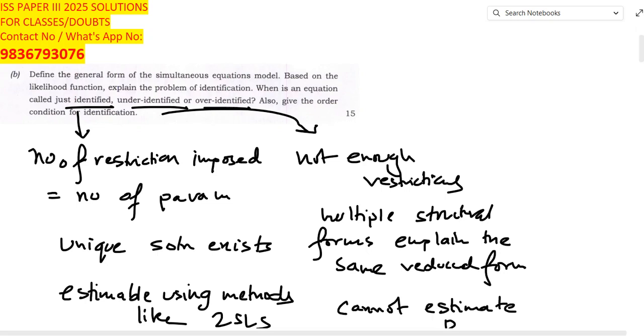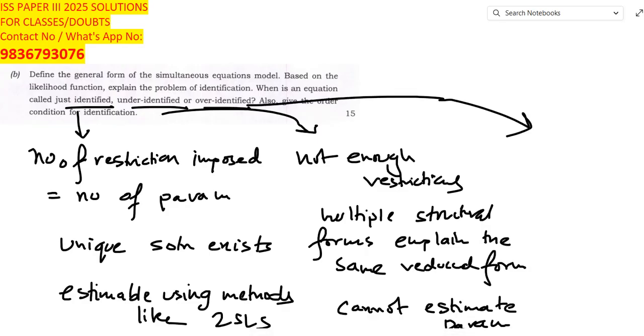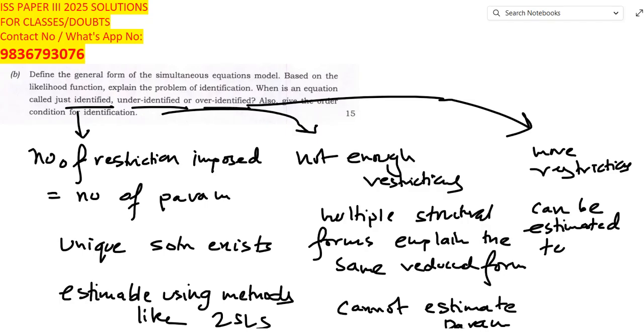And when it's over identified, there are more restrictions than needed. It can be estimated and also provides a test of validity of the restrictions. So estimation methods are 2SLS, 3SLS.